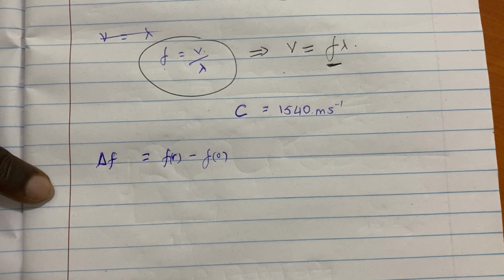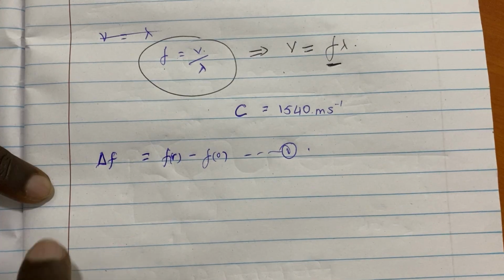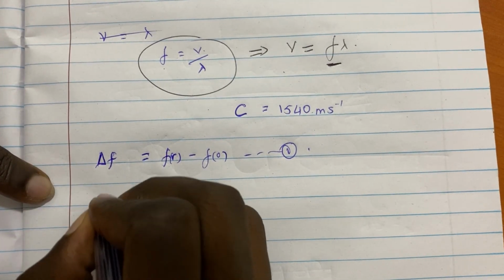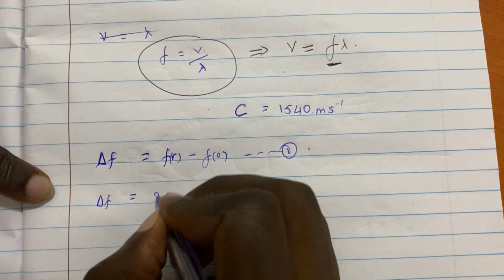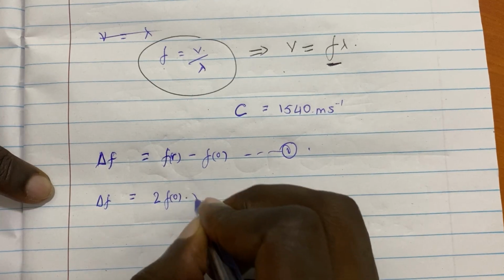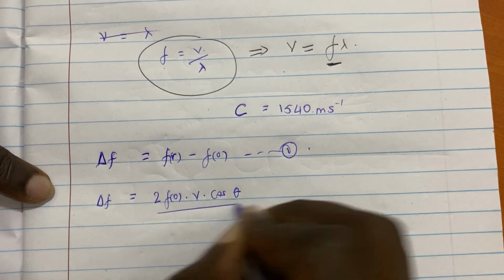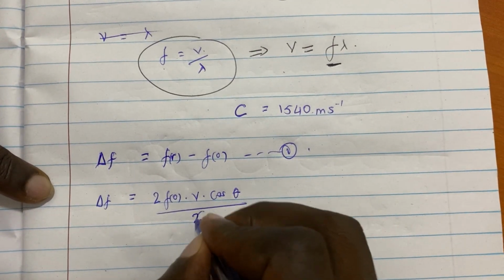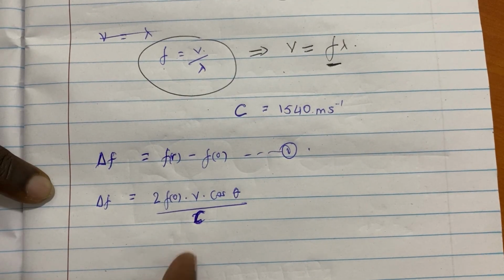But we have another formula. Doppler shift is equal to 2 times F naught times velocity times cos theta over C, sorry, over C. This is also a Doppler shift.